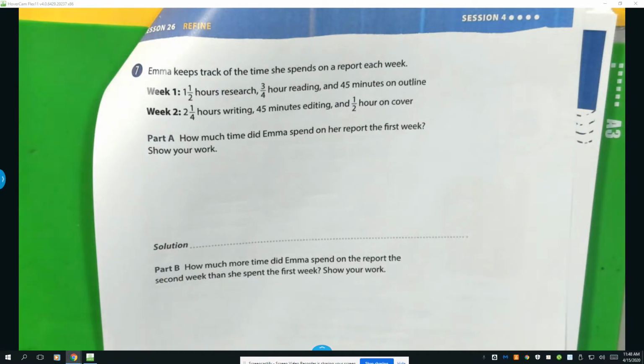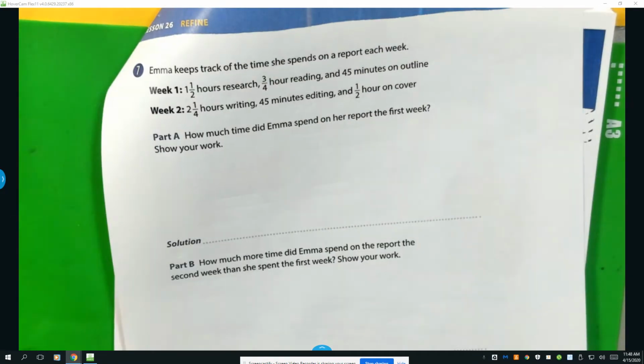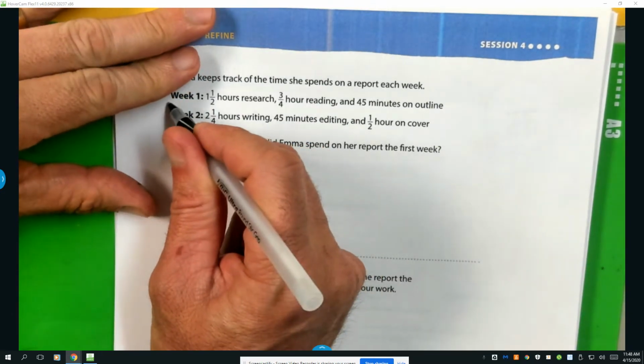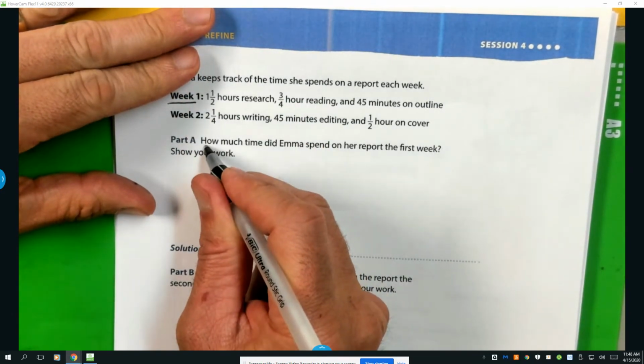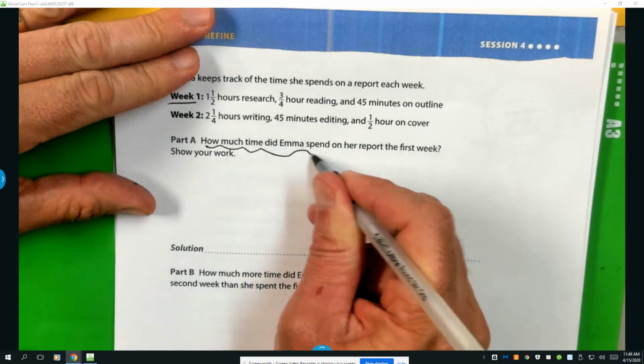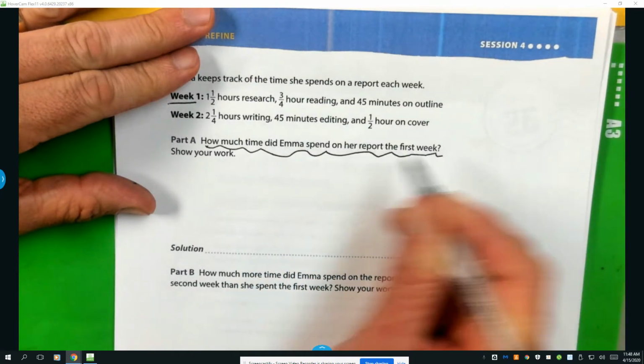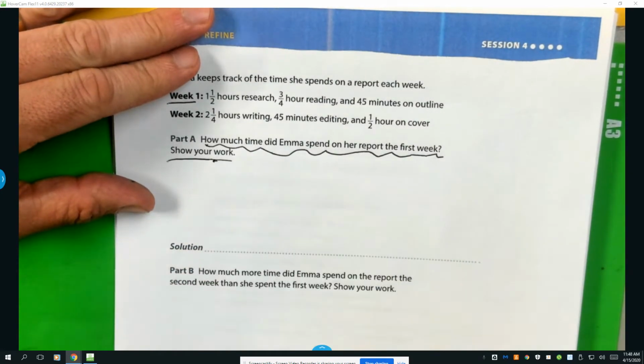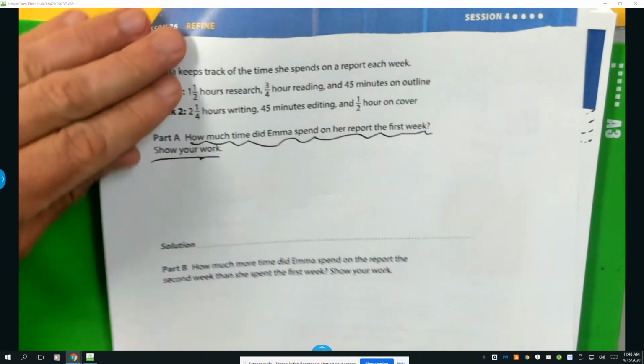How much time did Emma spend on her report the first week? Show your work. Okay, so let's break this down. Week 1. How much time did Emma spend on her report the first week? Show your work. Okay, so let's take this.